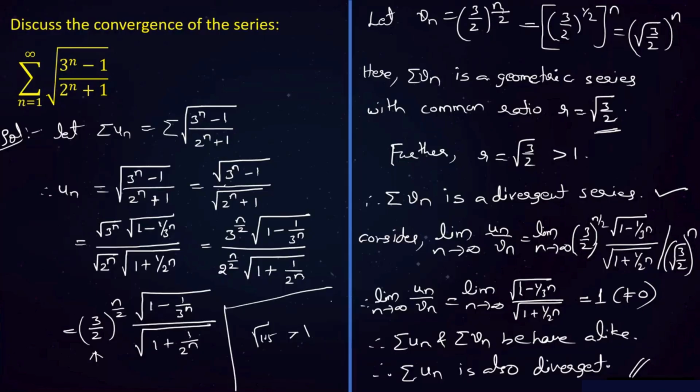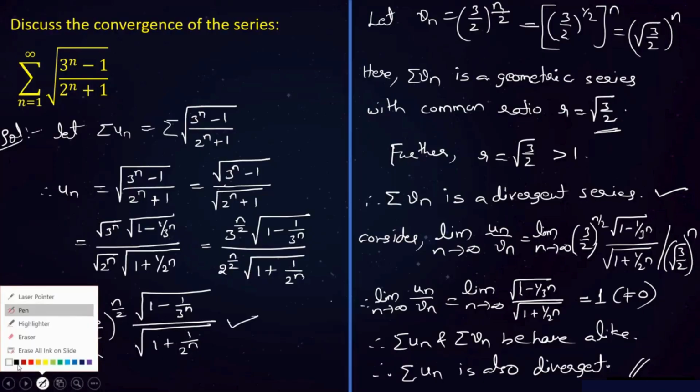Now, to decide the convergence of the actual series, I'm taking the limit form. Limit n tends to infinity, un by vn. As we know here, one can easily understand without writing also. All this is vn, and all this is un.